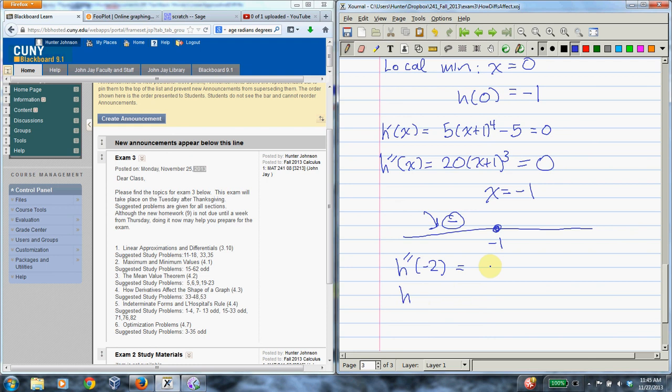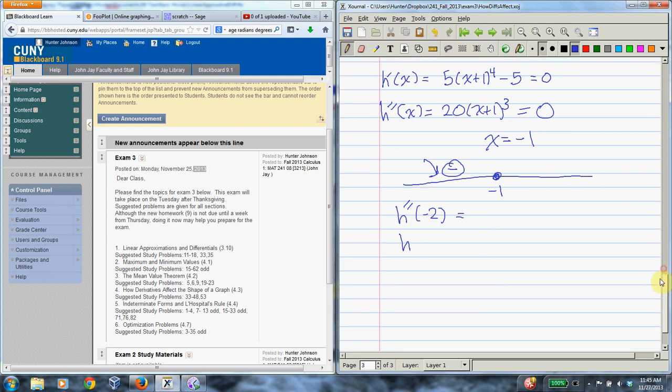And I should write the intervals so that we know what they are. So the interval from -infinity to -1. H prime prime is, we evaluated the test point -2, it turned out to be negative, so h prime prime is negative, which means that h is concave down.